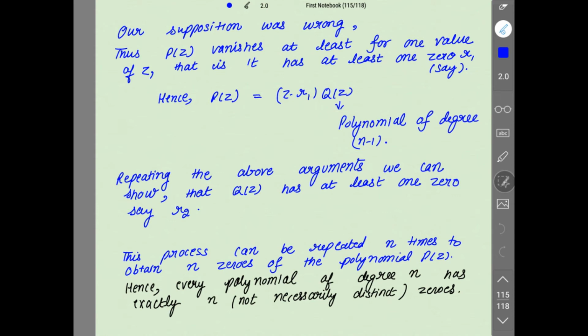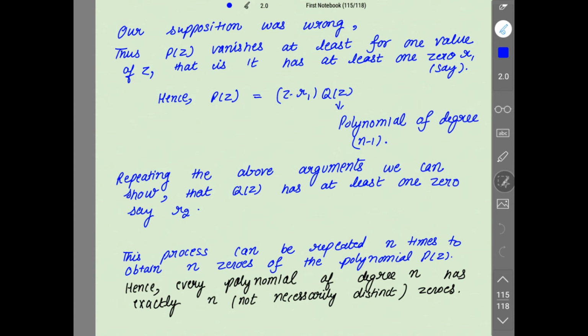Then p(R1) is 0, right? So now its degree will be less than n by 1. So its degree will be n minus 1 because one root vanishes now. If two roots vanish, then its degree will be n minus 2, right? So now p(z) can be written as (z minus R1) q(z), where q(z) is a polynomial of degree n minus 1.